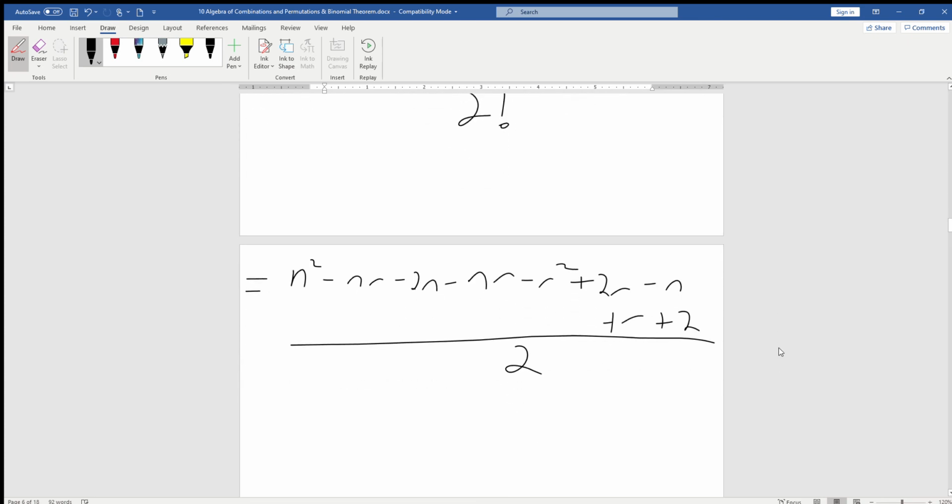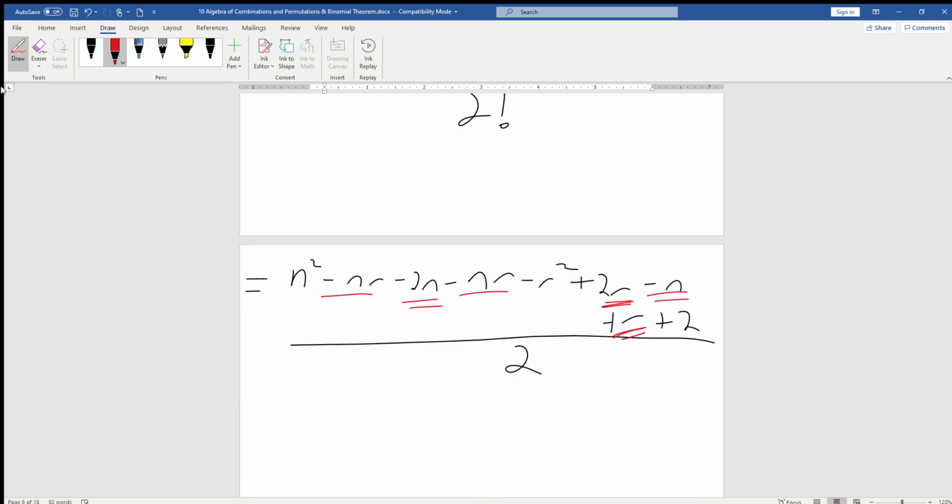Now there are some like terms, so we're going to combine those. Notice that we have a negative nr and a negative nr, so that's going to be negative 2nr. We have a negative 2n and a negative n, and then we also have 2r and a positive r.